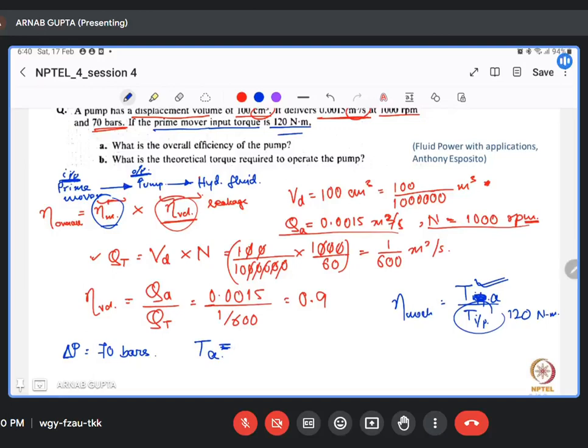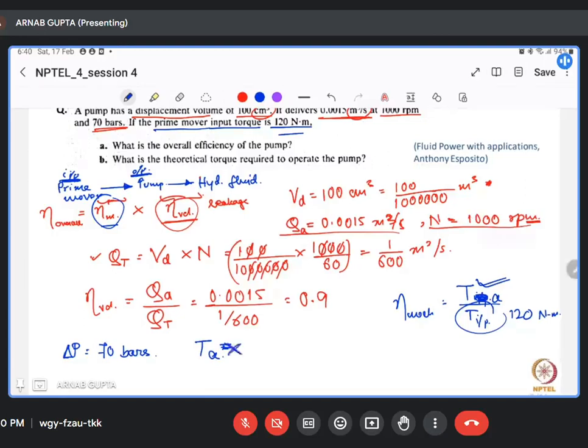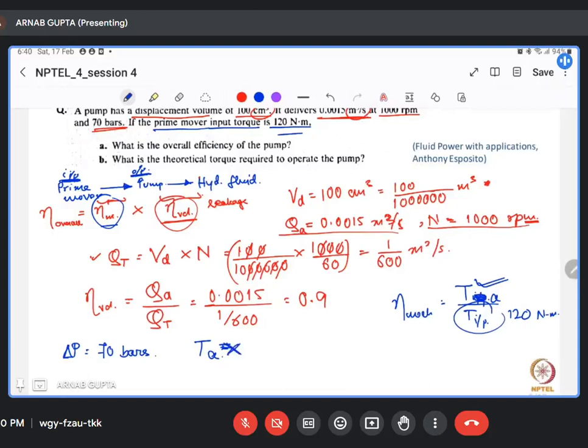If we consider the energy that is taken up by the pump from the prime mover and again given out to the hydraulic fluid, that is the same. So the actual torque at which the pump is rotating, multiplied by the rotational speed, will give me the power that the pump is taking in from the prime mover after all the frictional losses, obviously.